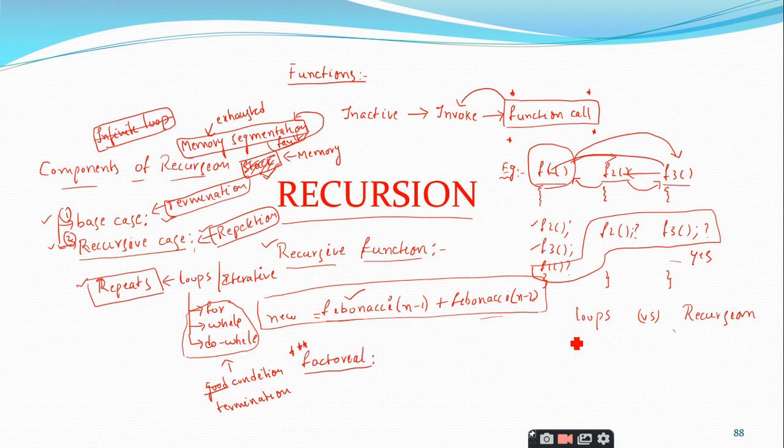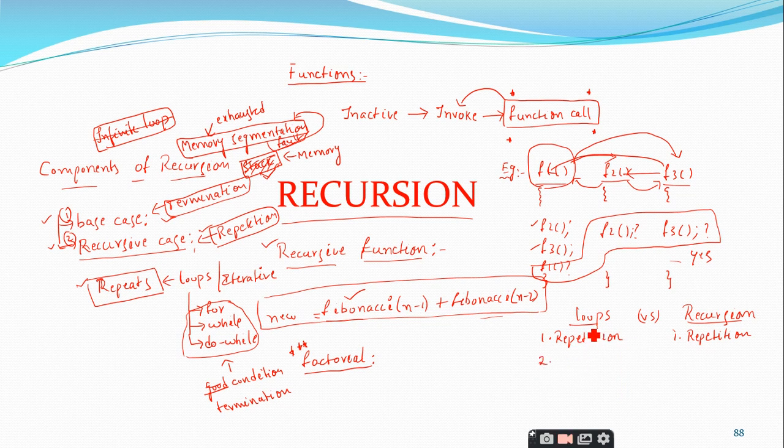Whatever it may be, we can call it differences or similarities. We know that loops are used for repeating a set of statements. The purpose of recursion is also the same. It is also used to repeat a set of statements. This is the similarity we have.